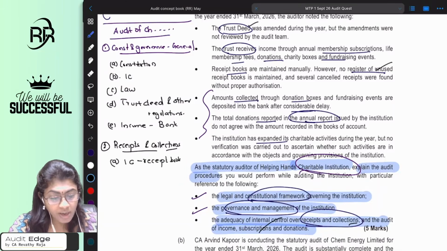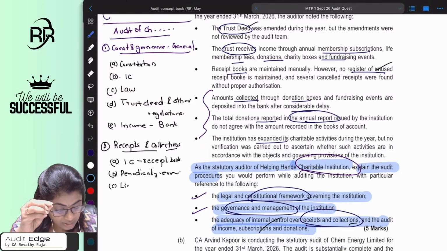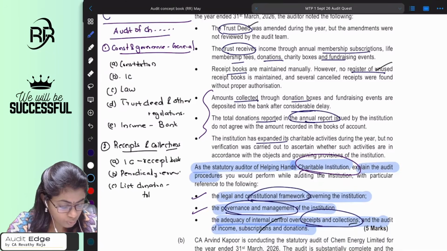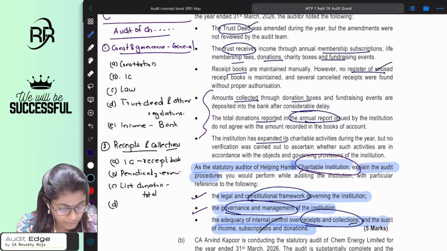See, regarding the unused receipts book, periodically it should be reviewed. They should take a printed list of donations and agree with the total amount. So there should be a proper internal check regarding receipt of donations and expenses.